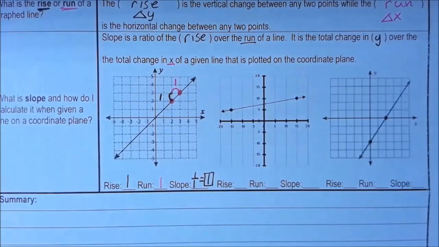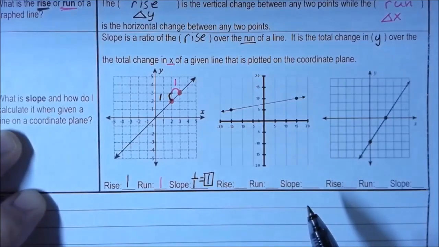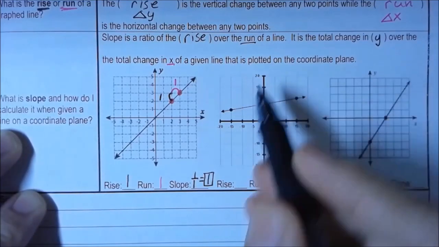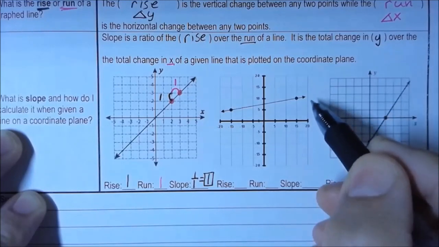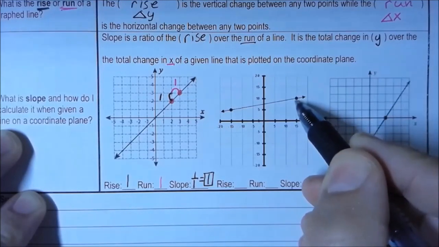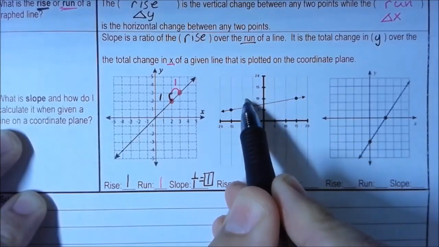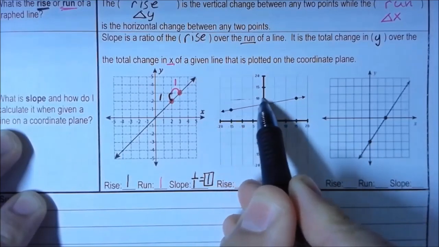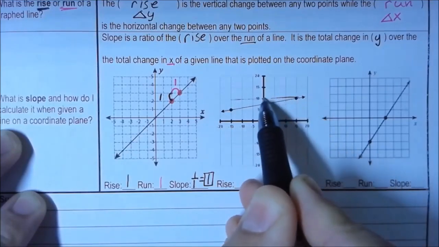So now that we know about these changes in the increments on the graph, let's count our rise over run. I'll start from this point, notice it's already giving you a point, and I want to go up until it lines up with this point. If I come out from this 10, I'm going to make a real faint line so you can see that line. That's where it touches.